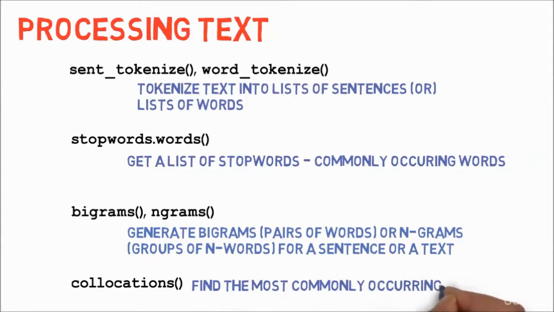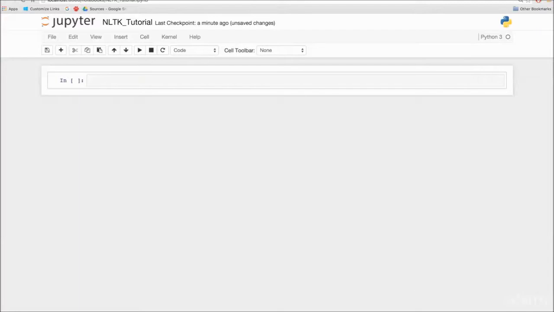Now the most commonly occurring bigrams are called collocations, and you could find these by using the collocations function. Ideally, the collocations function should identify, for example, New York as a collocation because it understands that these two words commonly occur together. Let's take some examples to see how all of these functions work.